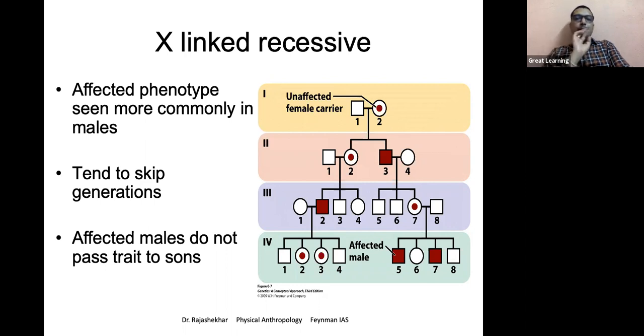Mother. So mother is a carrier. She carries one normal X chromosome and one mutant X chromosome. There is a 50% chance, because she can give the normal X chromosome to some children and the mutant X chromosome to other children. So 50% of her children can have her mutant version of the X chromosome.